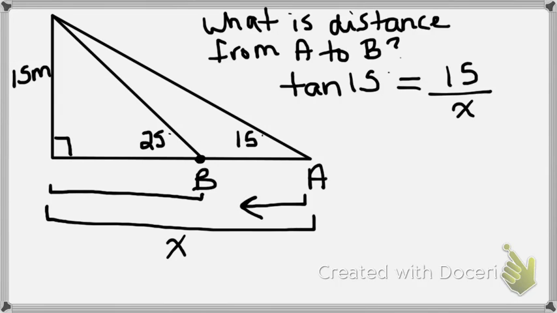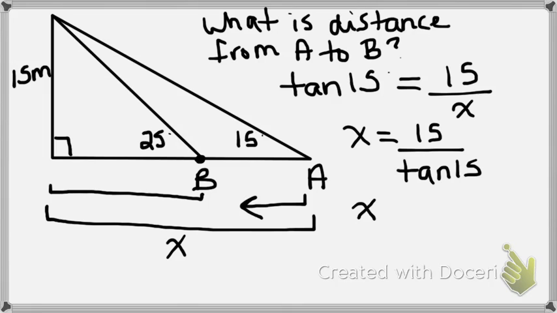We need to solve for x. x is going to equal 15 divided by the tan of 15. And when you do that in your calculator, x should equal about 55.98 meters.